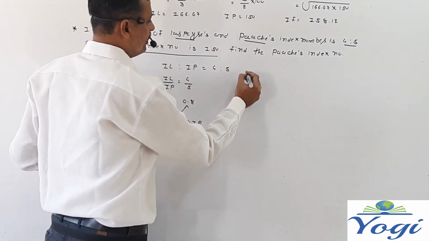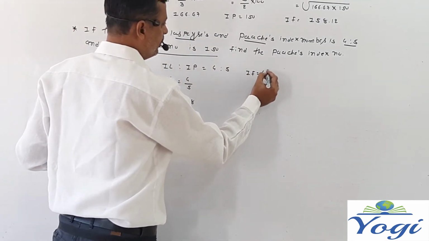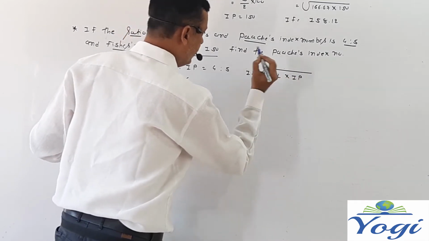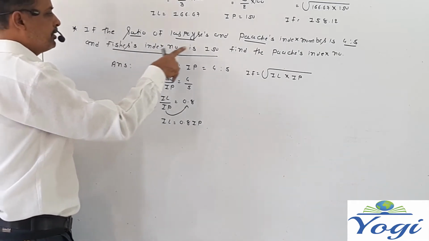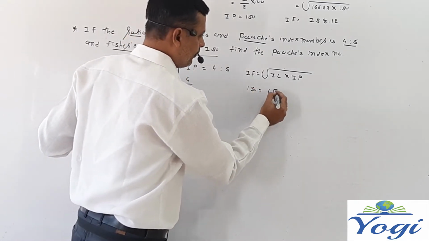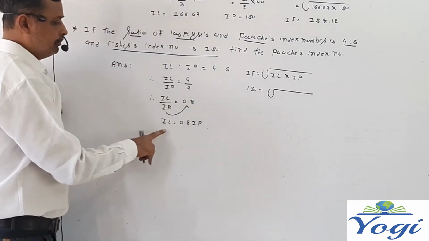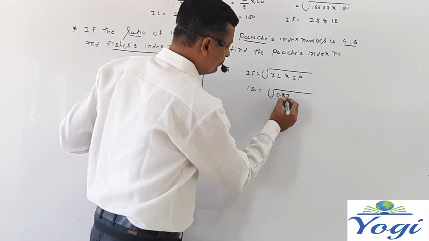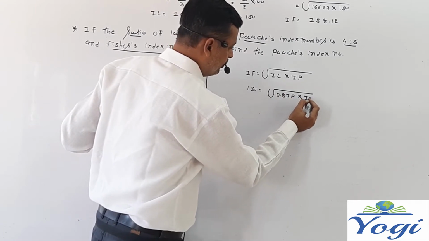Fisher's index IF is equal to under root IL into IP. Fisher's index is 150. IL is 0.8 IP into IP.